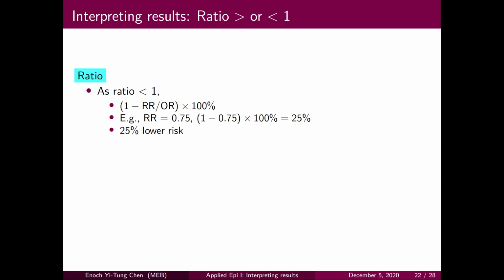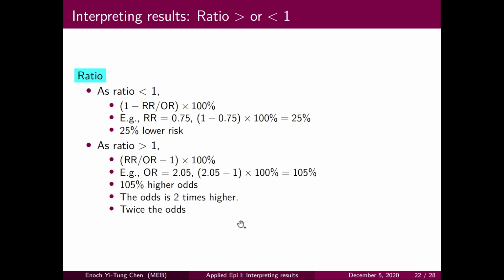You then say 25% lower risk. If it's greater than 1, you do ratio minus 1 times 100%. For example, odds ratio 2.05, you do the calculation to get 105% increased odds. That is, the odds is around 2 times higher, or saying twice the odds.